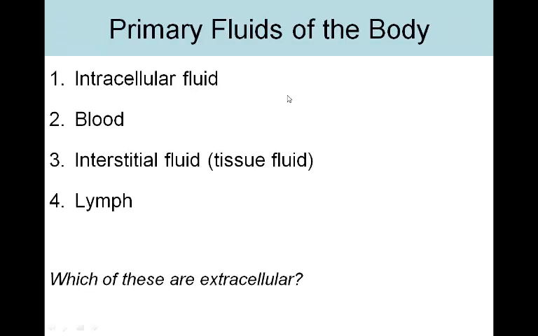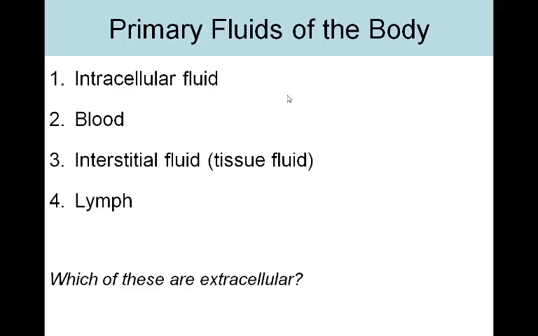The next thing I want to talk about are the fluids of the body. We have intracellular fluid, blood, interstitial fluid, also called tissue fluid, and lymph. Intracellular fluid, as the name suggests, is fluid found inside of your cells. Blood, interstitial fluid, and lymph are all extracellular fluids.